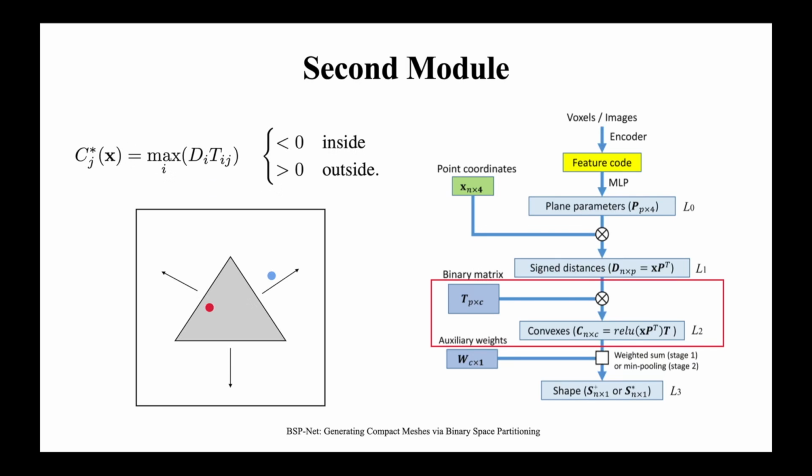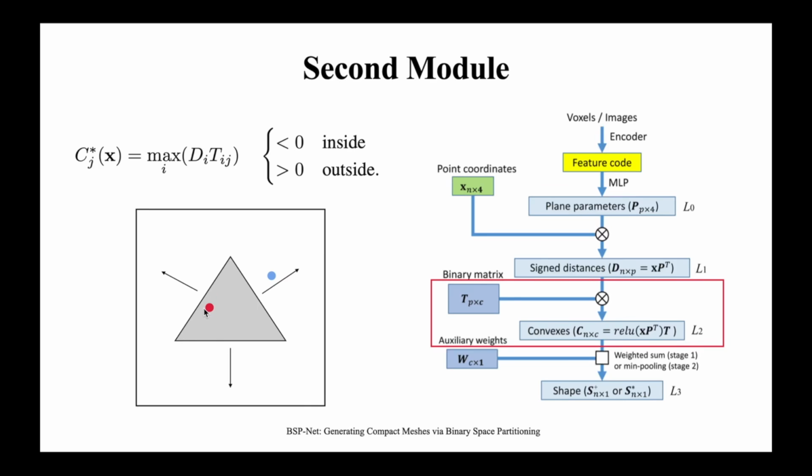The authors use a maximum signed distance value function to tell whether a point is outside a convex or inside a convex. For example, in this 2D picture, suppose we set the directions for the sides of this triangle like this.